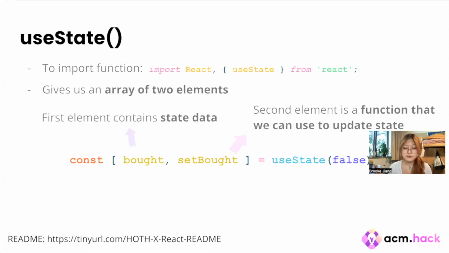So we're going to use the function setBought to change bought from true to false or from false to true. And in addition to returning these 2 values, useState also takes in a parameter. This argument that it takes in is just going to be the initial value we want our state to be set to. So right now, we want the initial value to be set to false. So that's just what we're going to pass into useState.